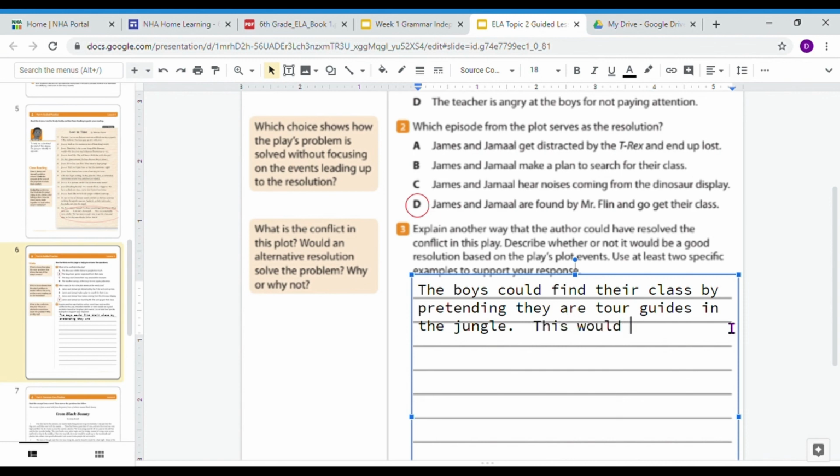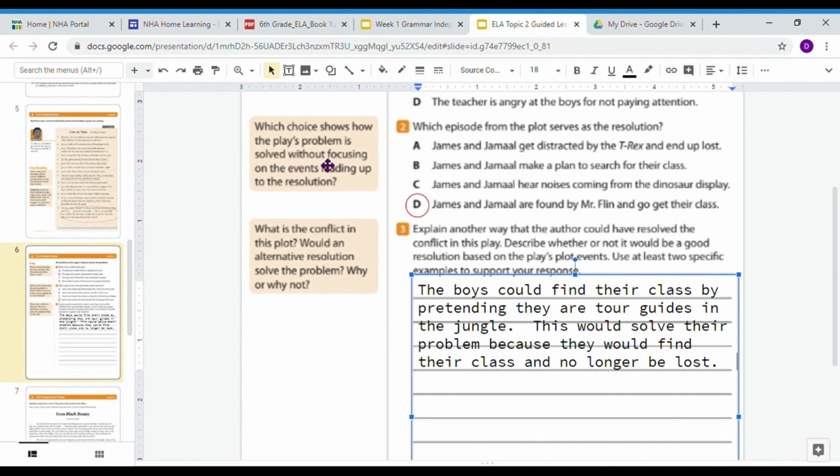This would solve their problem because they would find their class and no longer be lost.